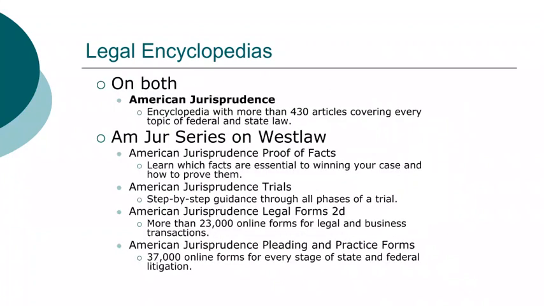However, West has an entire AmJur series that is sort of more like the practice guides that we looked at in the last video. And if you use AmJur on West, you'll be able to cross-reference between AmJur and those more practice guide-like other sources that West publishes as part of the AmJur series. And I'll show you one of those in a minute.